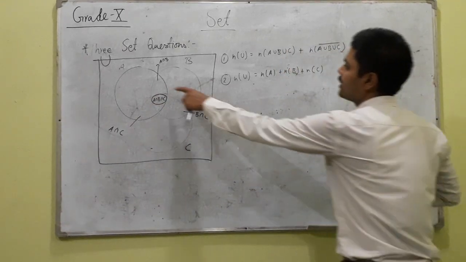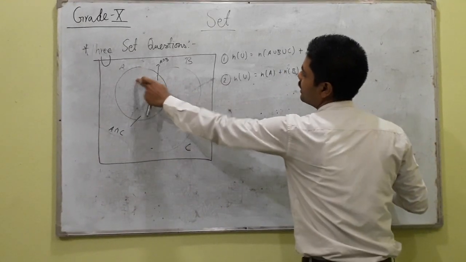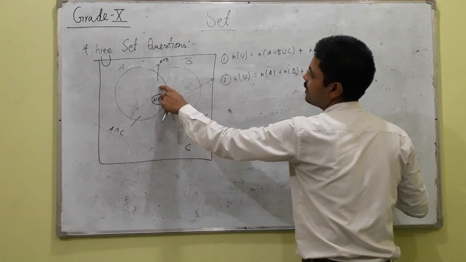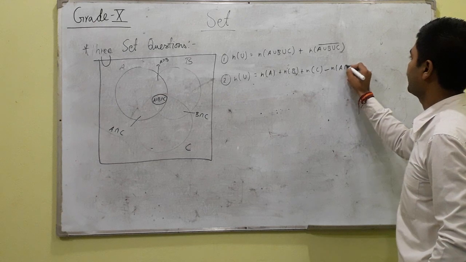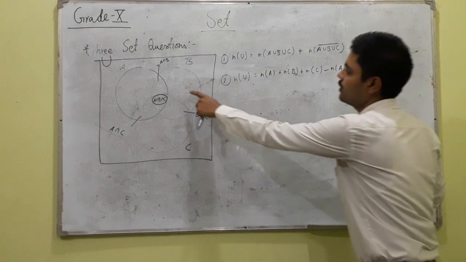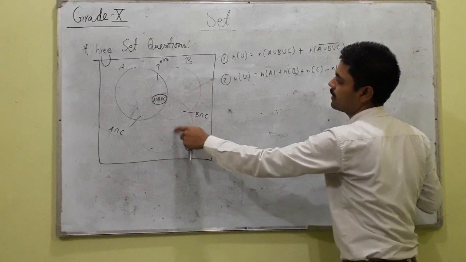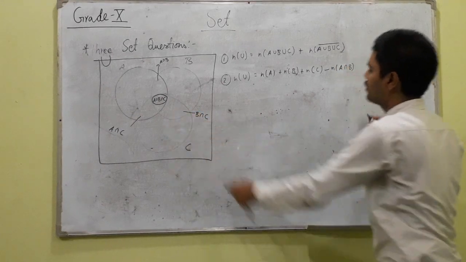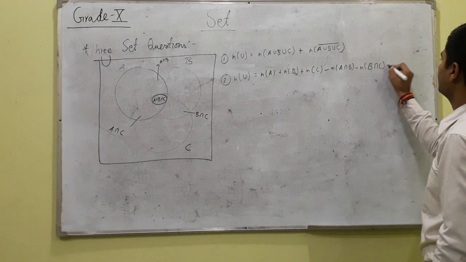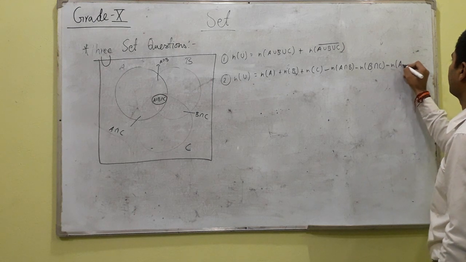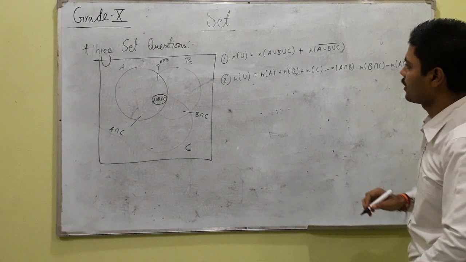So we have to deduct, because when we count A and B, this area is counted twice. So minus A intersection B. Similarly, for these sets, this area is counted twice. So minus B intersection C, and similarly minus A intersection C.